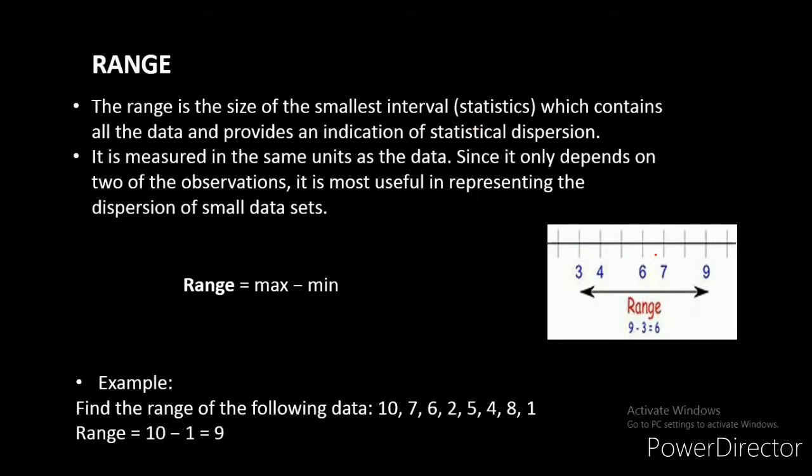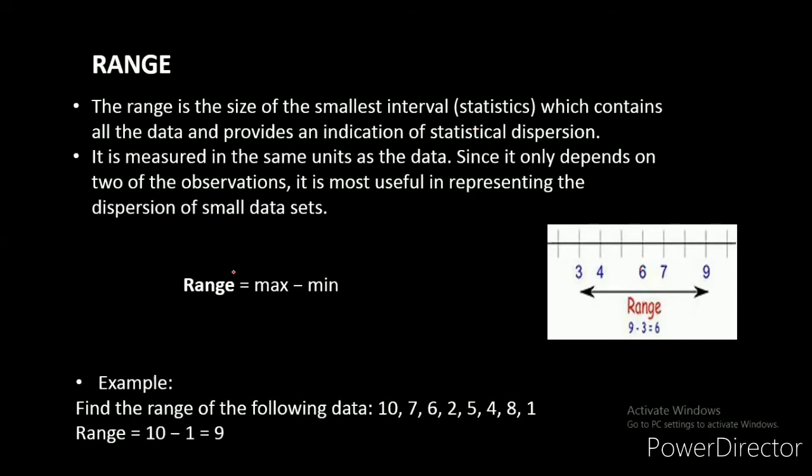It is measured in the same unit as the data, and it only depends on the two observations, the maximum, that is the highest, and the minimum, that is the lowest observation. It is most useful in representing the dispersion of small data sets.